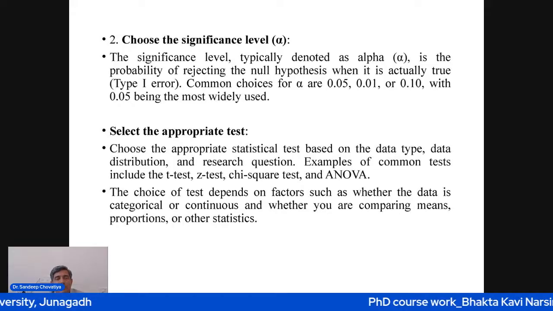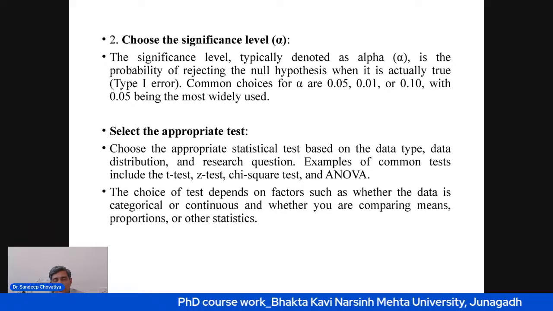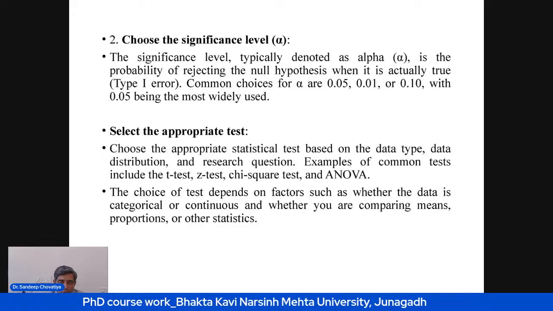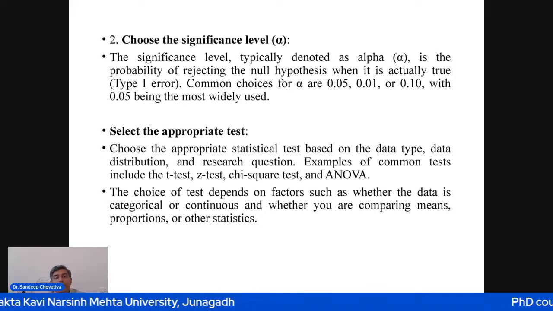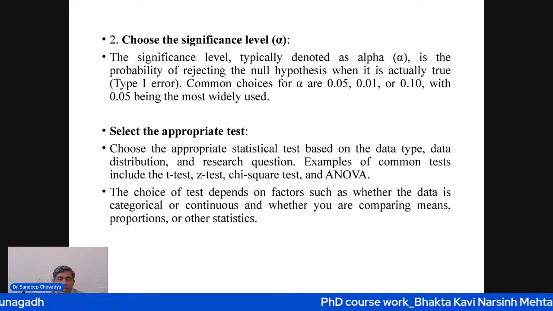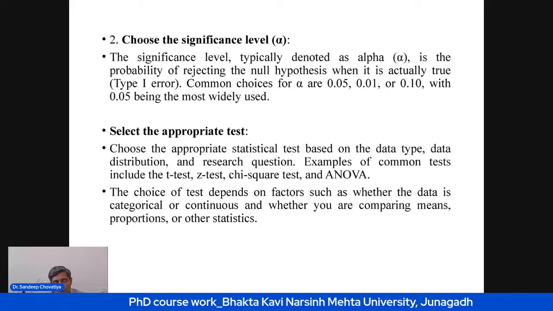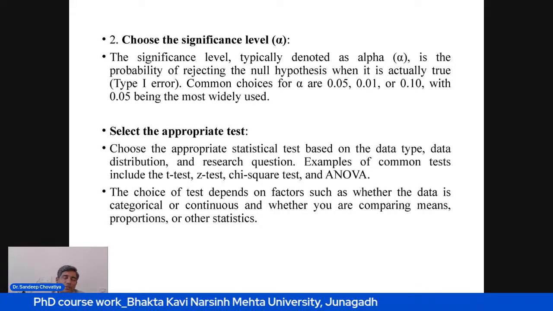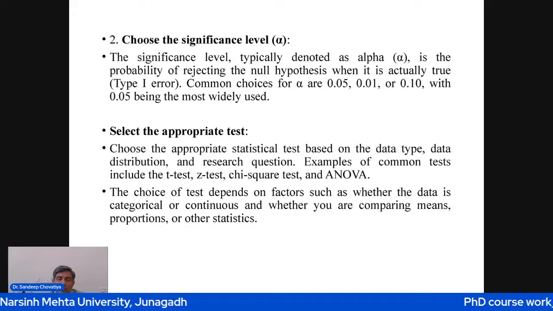If the data is less than 30 or more than 30, then we can go for the z test. If qualitative data are there, then we go for the chi-square test. And if there are more than two variables being compared, then students go for the analysis of variance, shortly known as ANOVA.